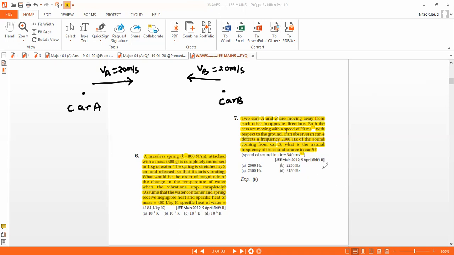If an observer in car A detects a frequency, here we are having the observer in car A. This is the frequency heard by the observer, they gave n dash equal to 2000 hertz, of the sound coming from car B. We need to find what is the natural frequency, that is n.